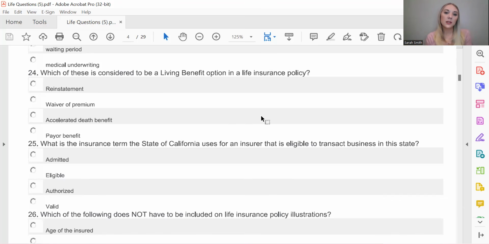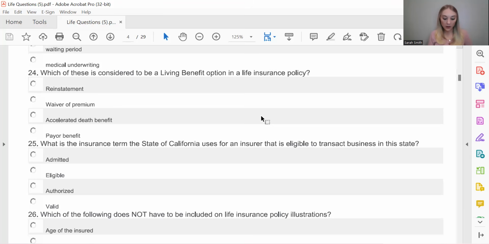Which of these is considered to be a living benefit option in a life insurance policy? Living benefit option. Accelerated death benefit. Now, these accelerated death benefits or accelerated benefit riders, ABRs as we call them, are what drew me into this industry.